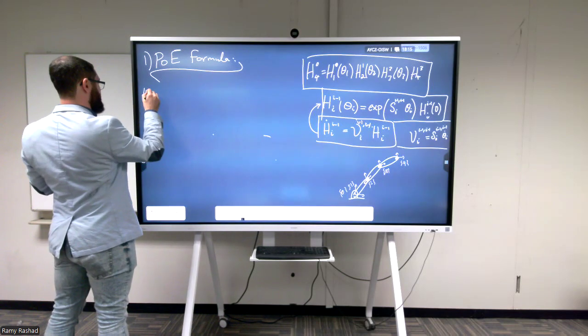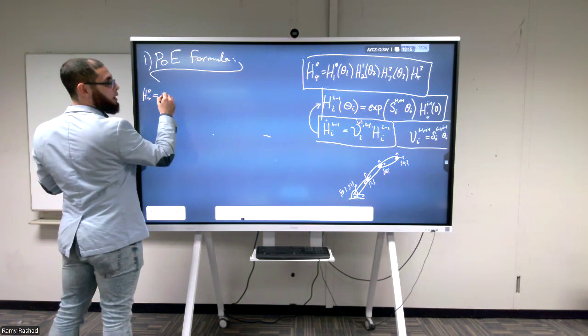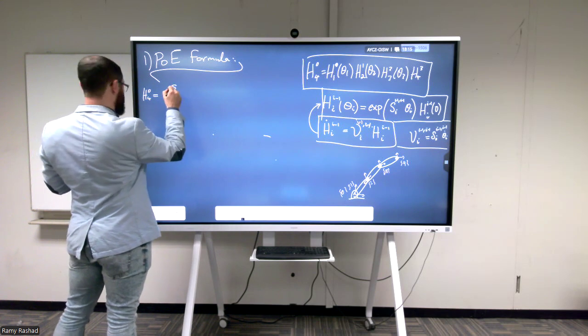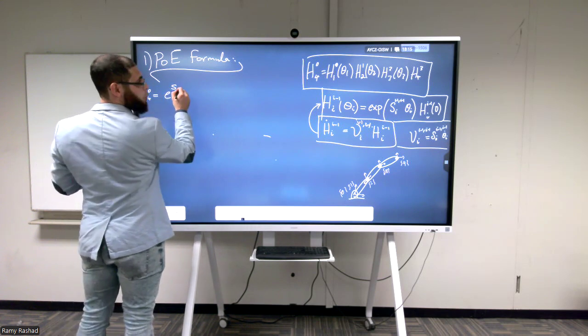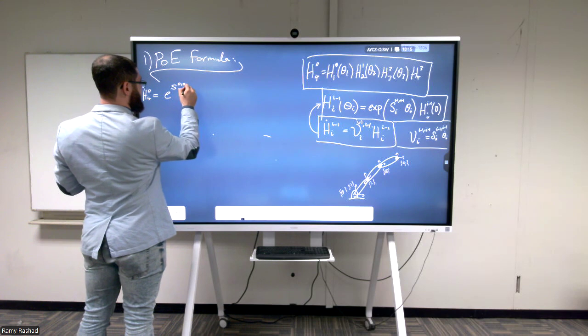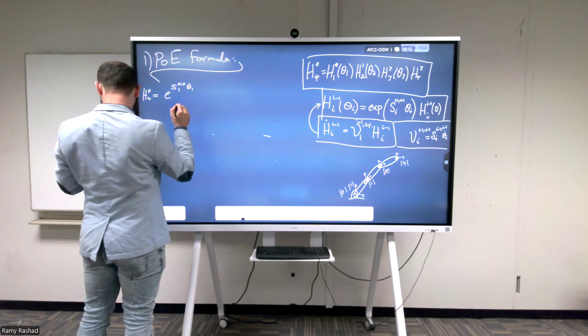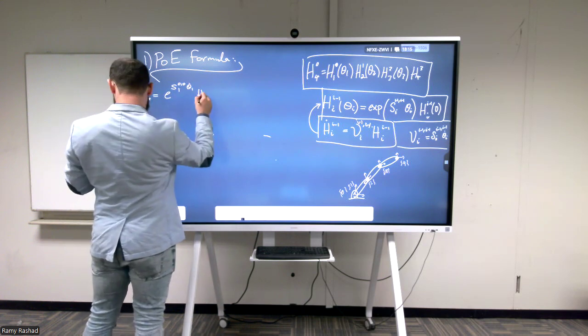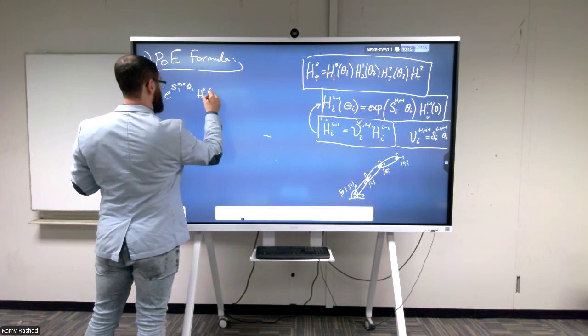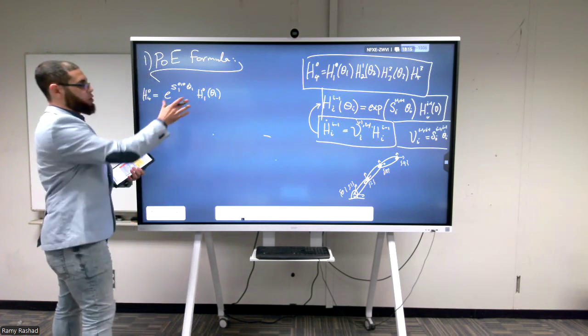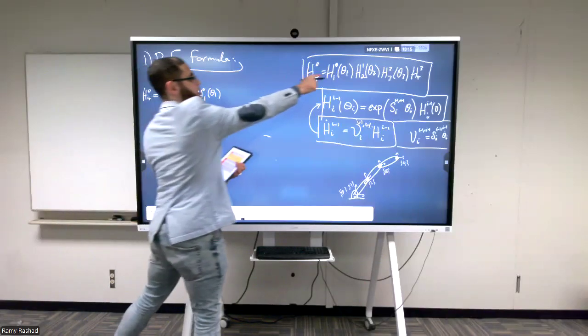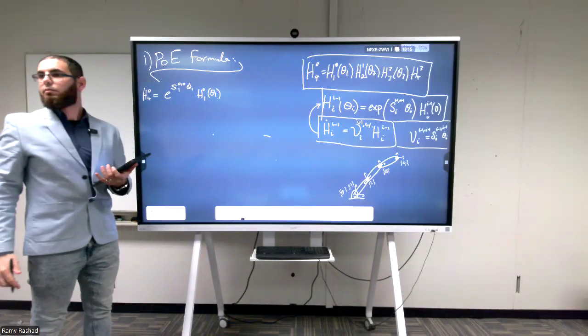So H4 with respect to 0 is equal to the exponential of S 1, 0, 0, theta 1 dot, multiplied by H1, 0 of theta 1. So what I just did is replace this term by this expression.